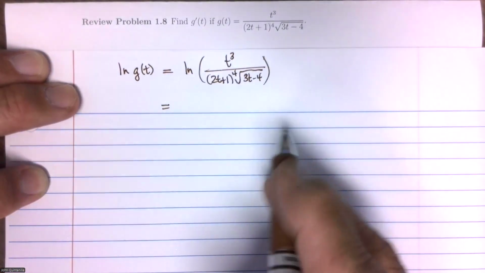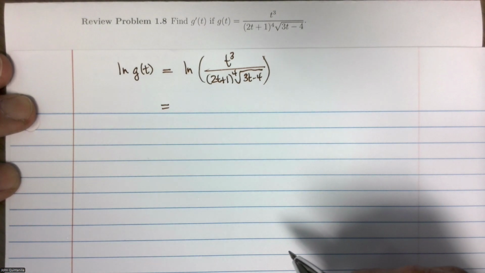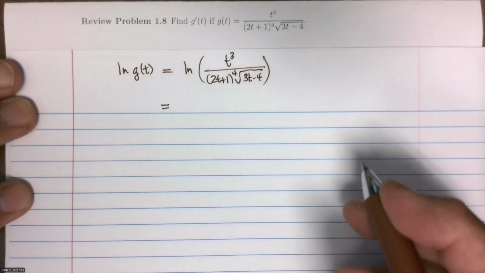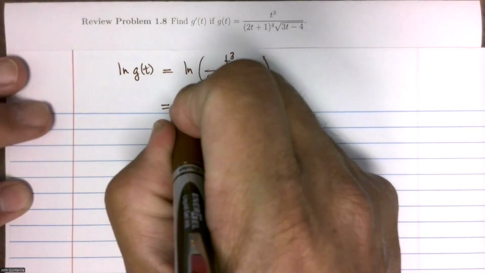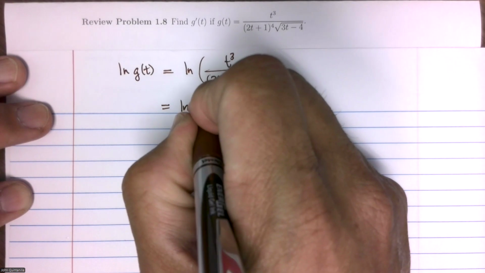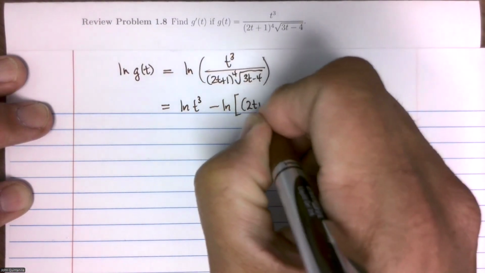Okay, now I'm going to slowly decompose this using laws of logarithms. If you're able to go straight to the punchline in one step, you're more than welcome to do so. But for the purposes of this review, I will take this slowly. First, I see I have a natural log of a quotient. So that means I get the natural log of the top minus the natural log of the bottom.